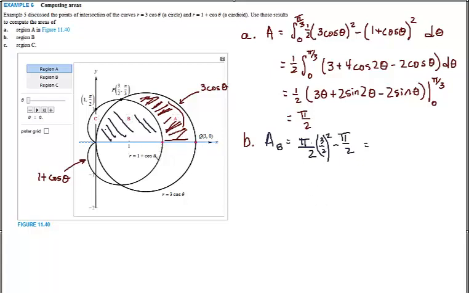Just because it went out to 3 didn't mean the radius was 3. So the radius was 1.5. If I subtract these two, then I would get 5 pi over 8.